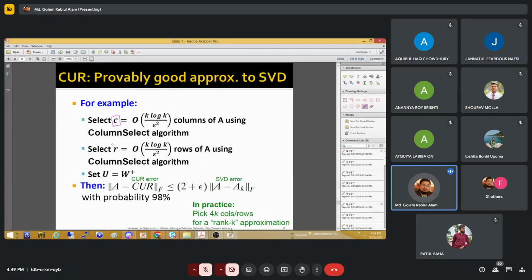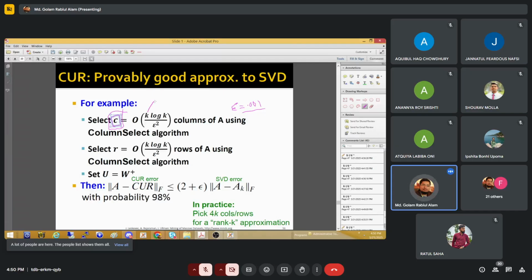The value is c = k log k divided by epsilon squared. Epsilon is a very small error value, maybe something like 0.01. So this is the equation for finding out how many columns we need to select.